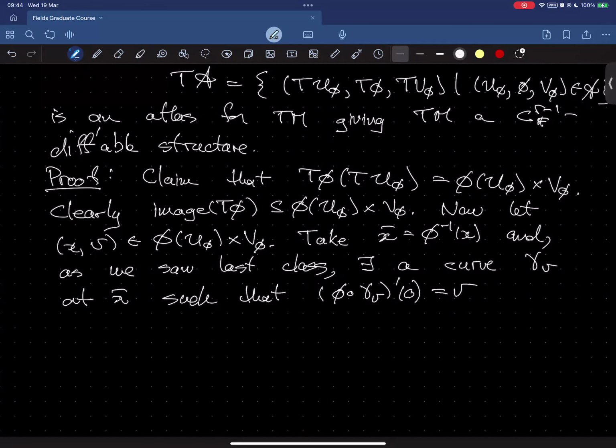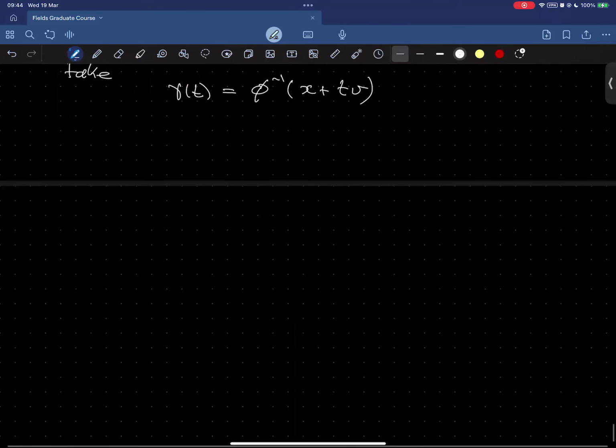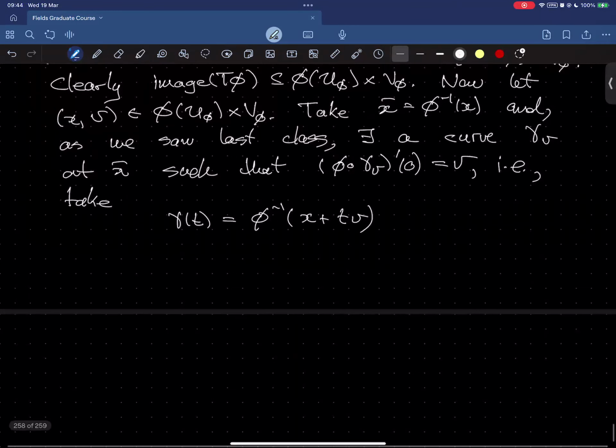That's what we showed last time. And it's easy to do this. You take gamma to be the inverse of x plus t v.